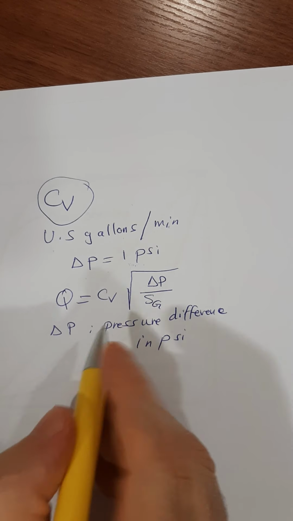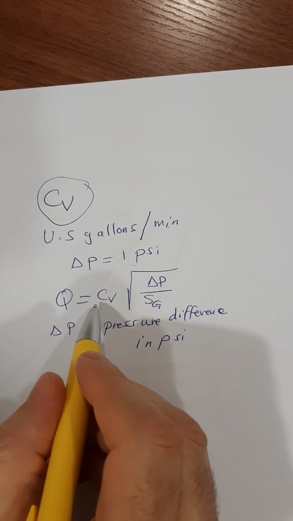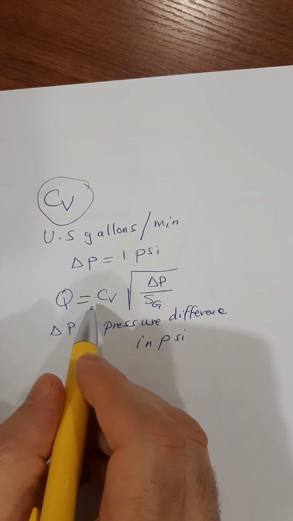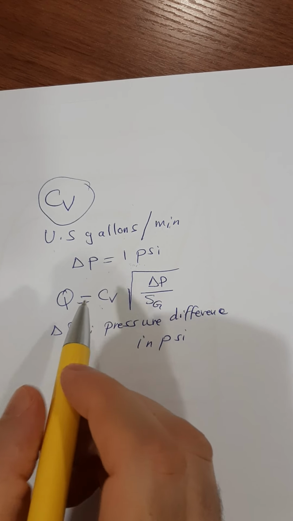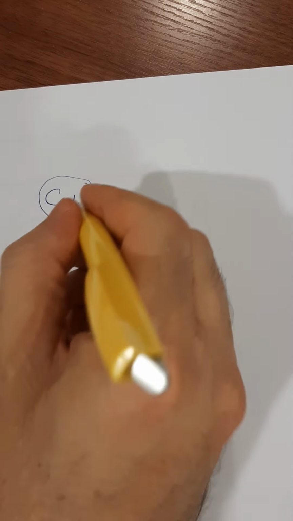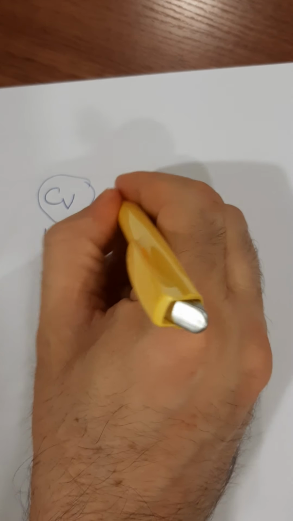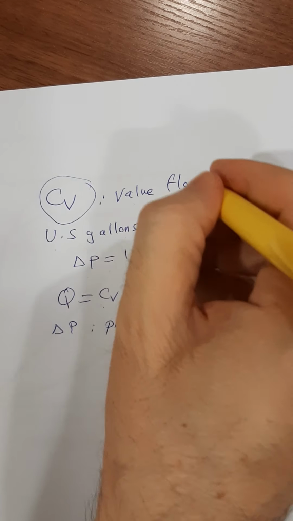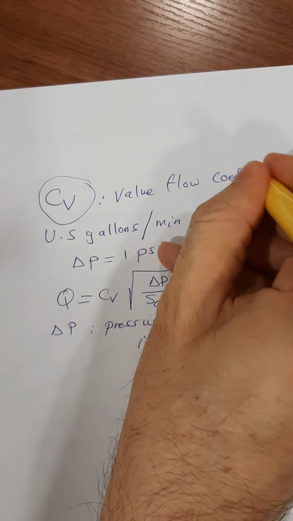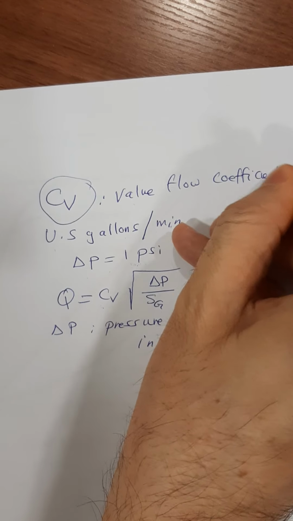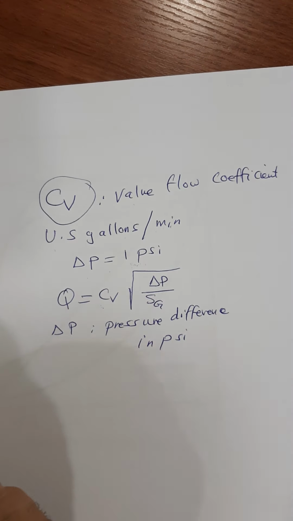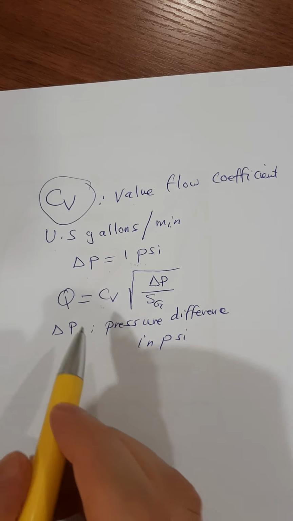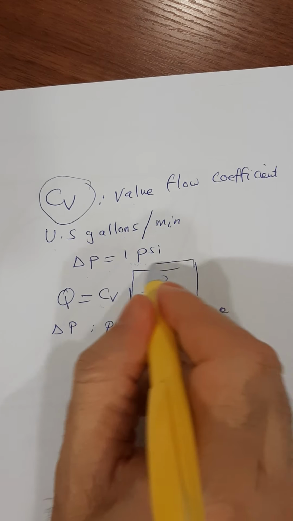And the CV is the correction factor, or valve flow coefficient. We can say that this is the valve flow coefficient. So we can use this equation.